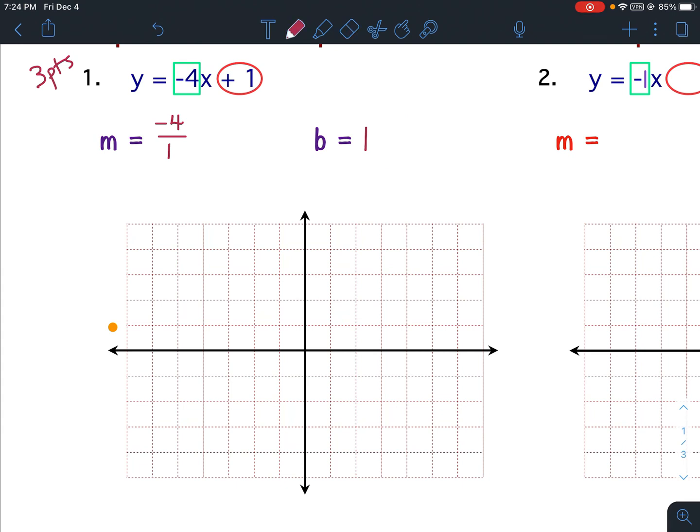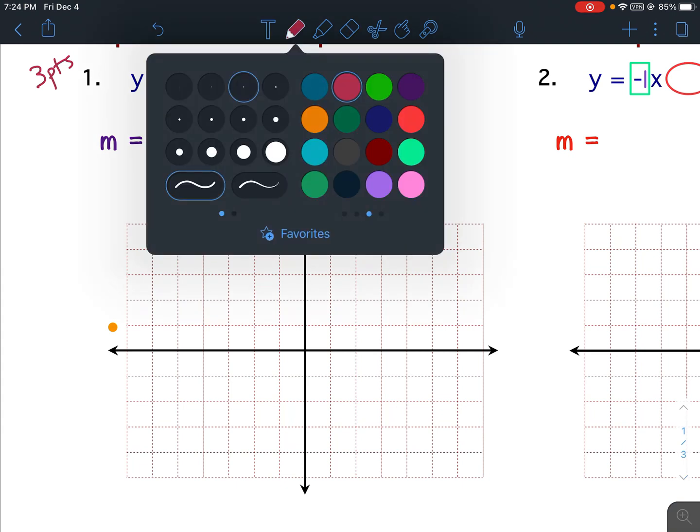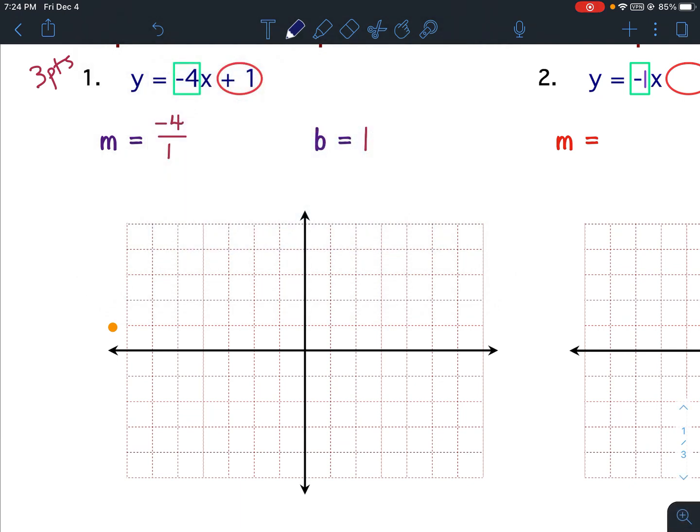What you do need to write, though, are your arrows depending on which direction your slope goes. Since my slope is negative, that means it's going to go down. Again, you don't have to write this; I just want you to know.